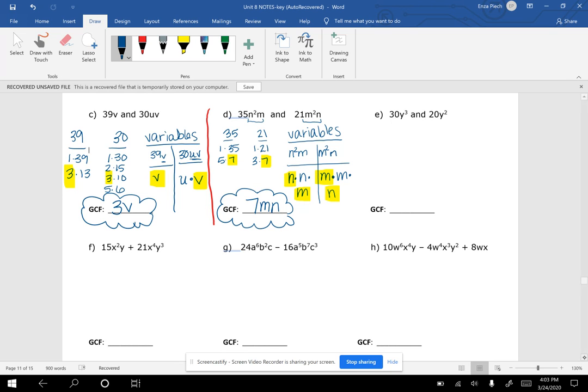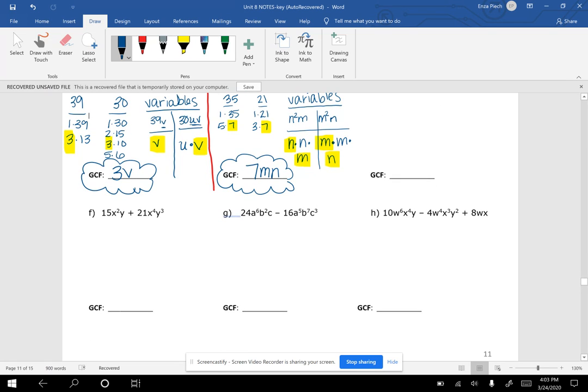because I could, in theory, pull that out from both of my given monomials. Now, if I look below, this would be a really, really long list to write, which I did write out for you in your notes. But let's take a look at letter G. If we identify 24's factors, 16's factors, and then we just list these variables, top and bottom, it will be much simpler for us.